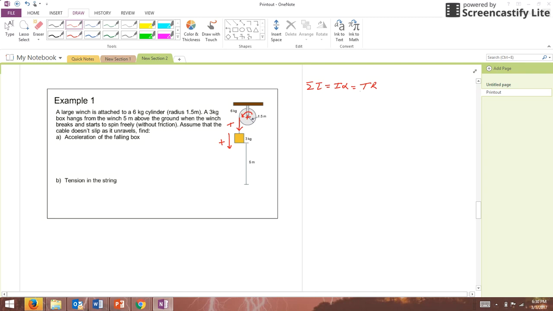So we then need the moment of inertia. The moment of inertia for a cylinder, we could get off of that page with all the different moments of inertia, is 1/2 mr squared. So we'll go ahead and plug that in.